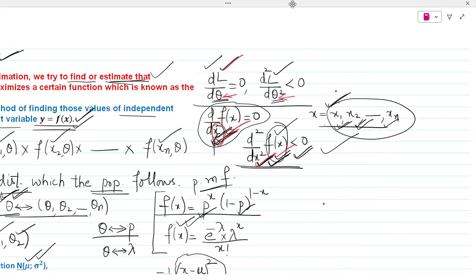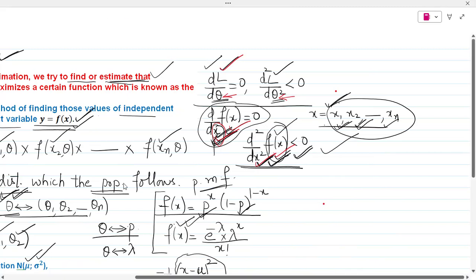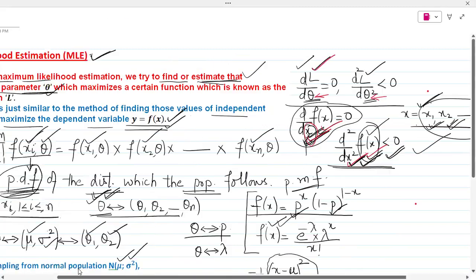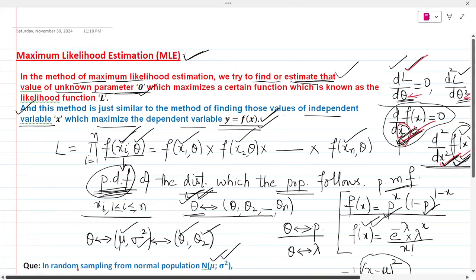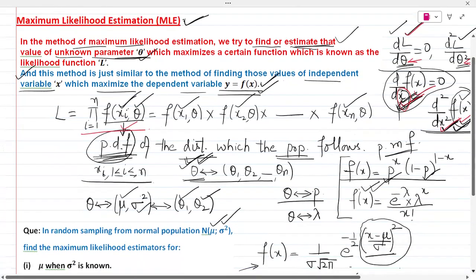So that's why the method's name is MLE, maximum likelihood estimation. Now, what is this L? It is the product of these PDFs.